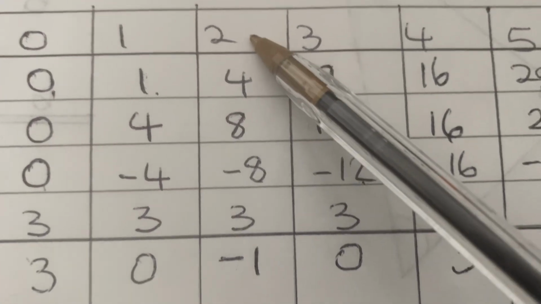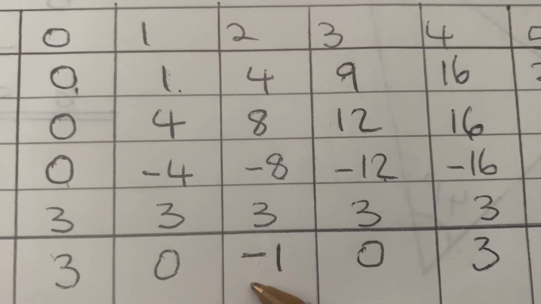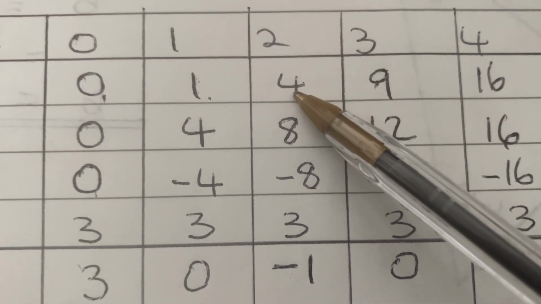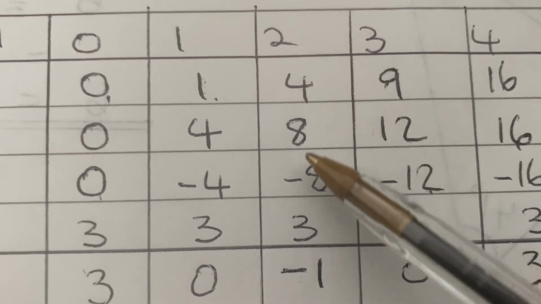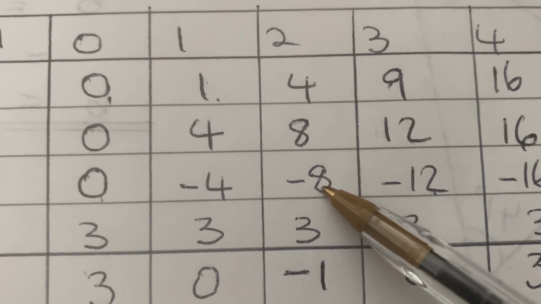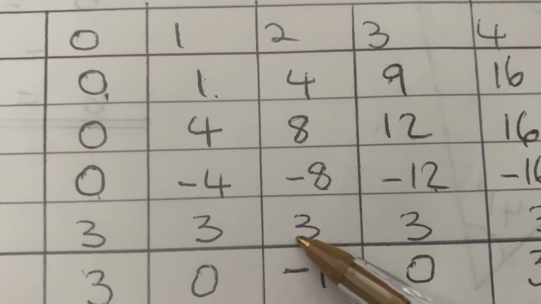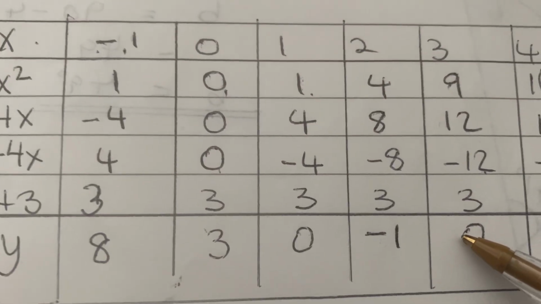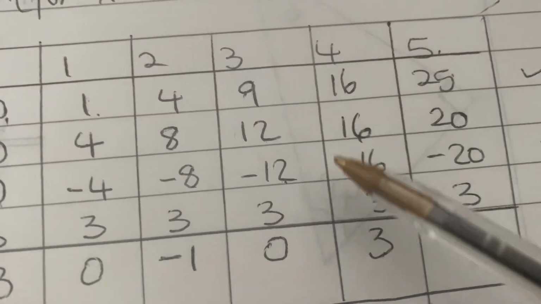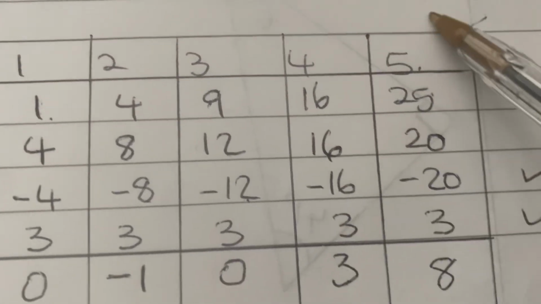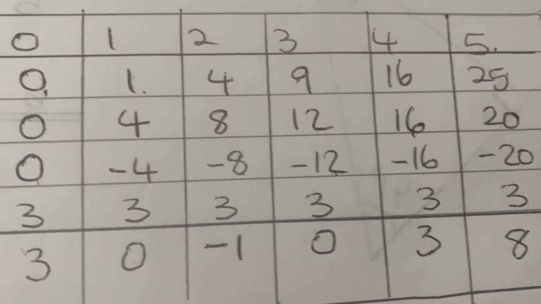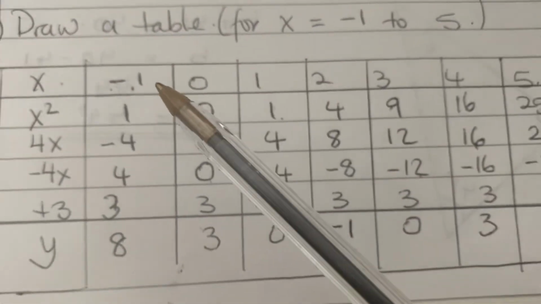When x is 2, y will be minus 1. So 4 minus 8, so minus 4, plus 3, minus 1. When x is 3, y is 0. When x is 4, y is 3. When x is 5, y is 8. You can't go wrong. So this is the table.